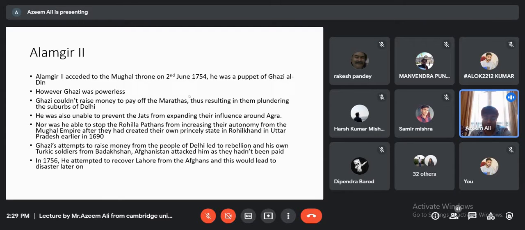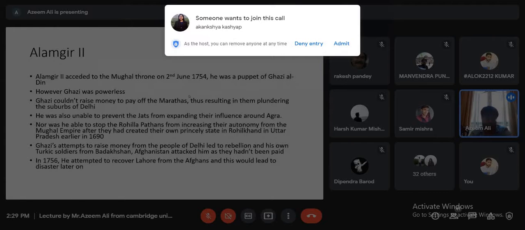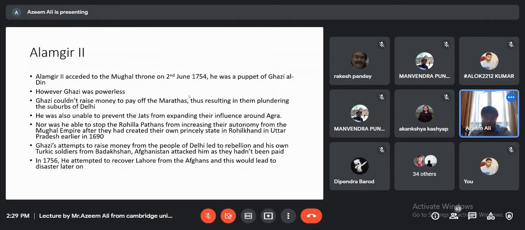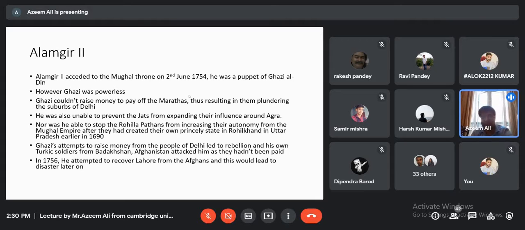He was also unable to prevent the Jats from expanding their influence around Agra, nor was he able to stop the Rohilla Pathans, who had increased their autonomy from the Mughal Empire after they created their own princely state in Rohilkhand in Uttar Pradesh, early in the 1700s. Their capital was Rampur, which has a famous library that can still be visited today. Ghazi also attempted to raise money from the people of Delhi, but this led to unrest, and his own Turkic soldiers from Badakhshan in northern Afghanistan attacked him because they hadn't been paid.